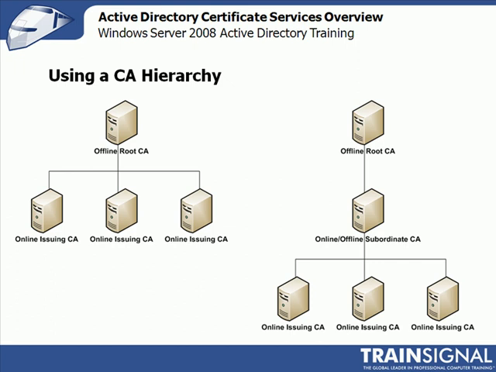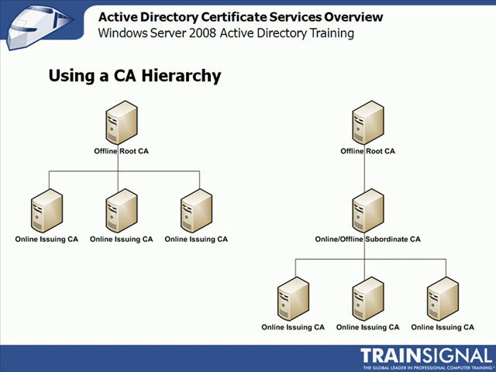Now I have two different examples here. The one on the left is what's known as a two-tier hierarchy. You have the top tier, which is your root CA, which will have the self-signed certificate, and it will then issue the CA certificate to the subordinate, and in this case, issuing CAs.